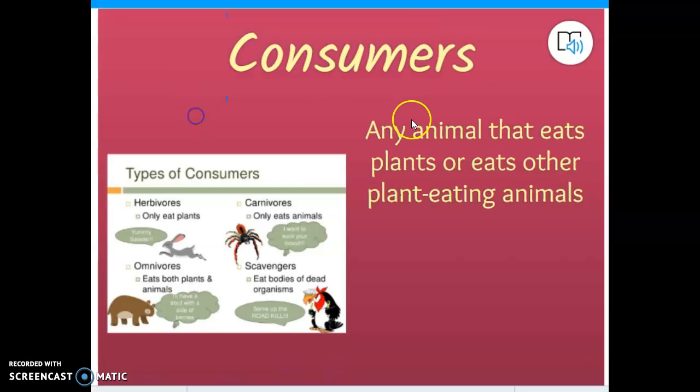Now, as we look at this, if an animal eats plants, if an animal eats animals, maybe an animal eats both, it is a consumer. And so we're going to take that giant category of consumer, which is every animal that eats, and we're going to break it down into some subcategories, and we're going to define them by what they eat. Depending upon what they pick, it puts them into different categories.